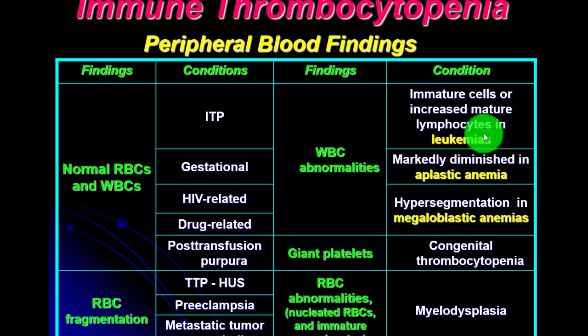WBC abnormalities: immature cells or increased mature lymphocytes in leukemias, marked dysplasia in aplastic anemia, hypersegmentation in megaloblastic anemia, congenital thrombocytopenia, giant platelets. RBC abnormalities: myelodysplasia. Immune thrombocytopenia, and this is the finding, the normal blood cell.